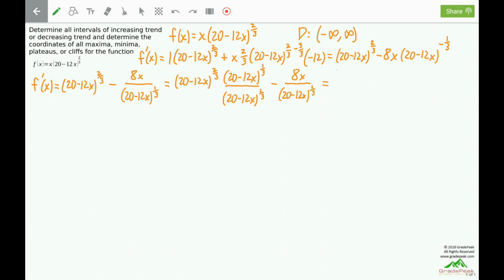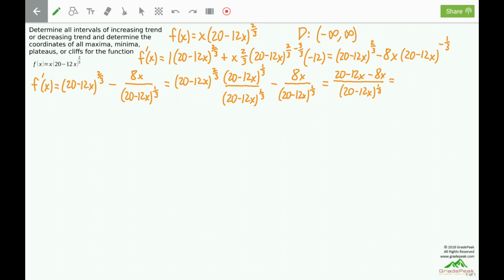So this will be 20 minus 12x to the first power. We can combine it together with the numerator of the second term, which is negative 8x, because it is over the common denominator of (20 minus 12x) to the 1/3 power.